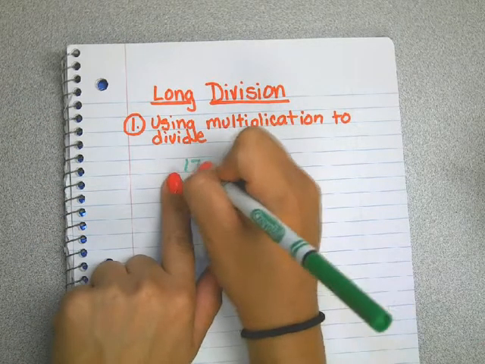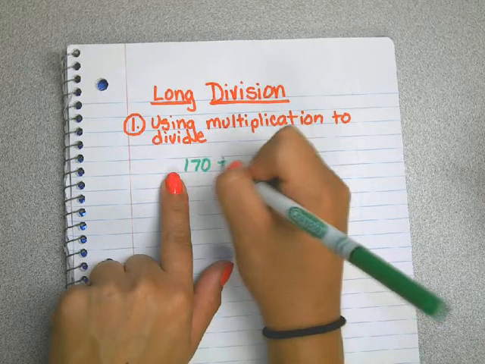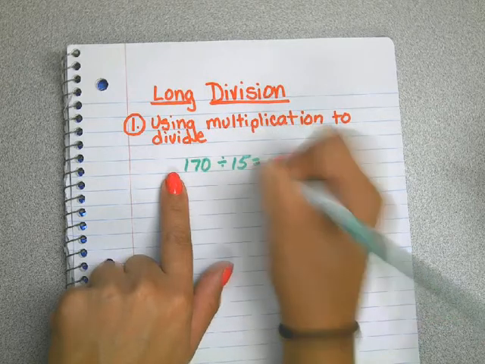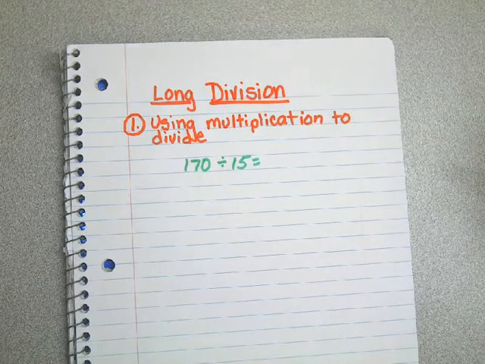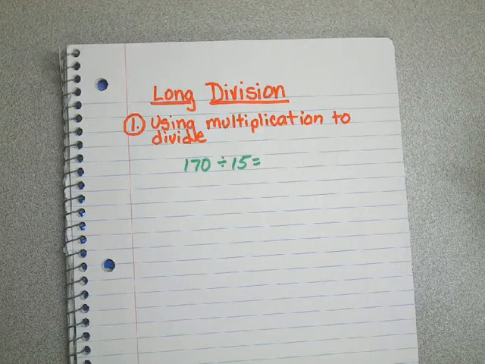So our example, we're going to use 170 divided by 15 because we are all familiar with that one and we all got to try it yesterday. So we'll use that one.